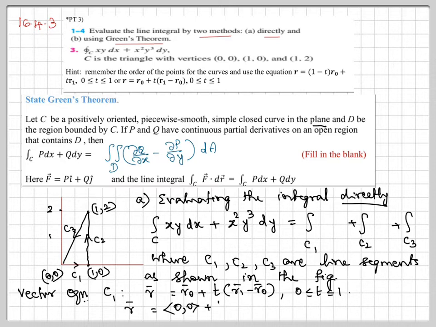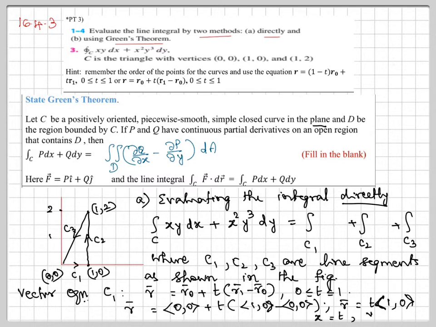So if we use that, because the first point is (0, 0), the second point is (1, 0), using their position vectors, we get the equation in this form, which is t times the vector (1, 0).